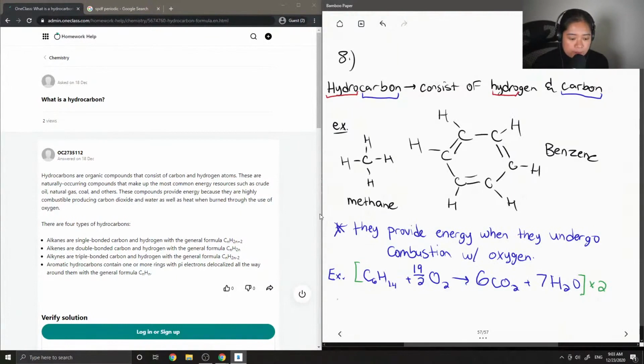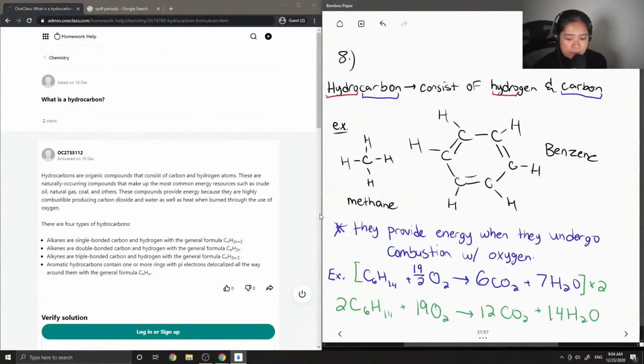So this gives us 2 hexane plus 19 O2 makes 12 CO2 plus 14 H2O.